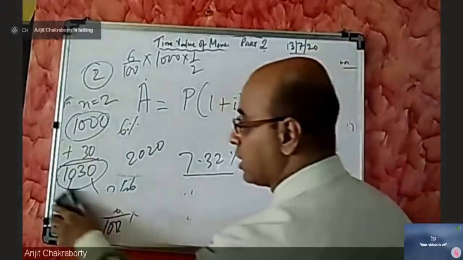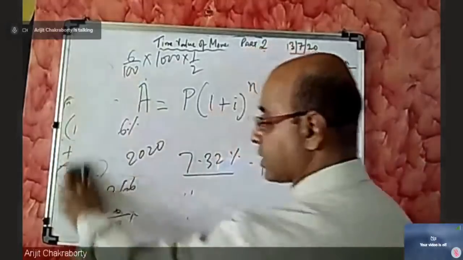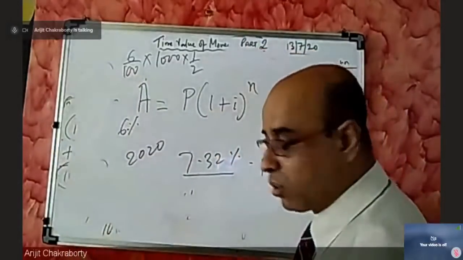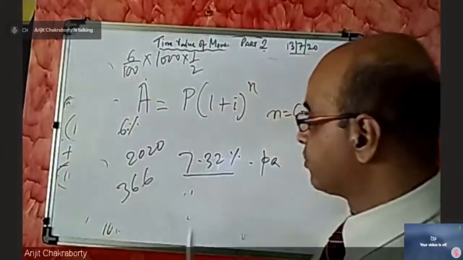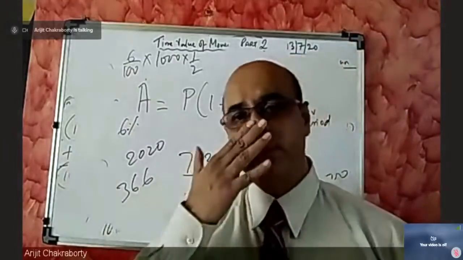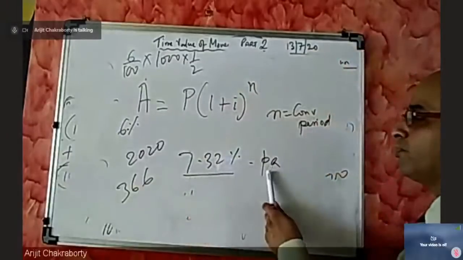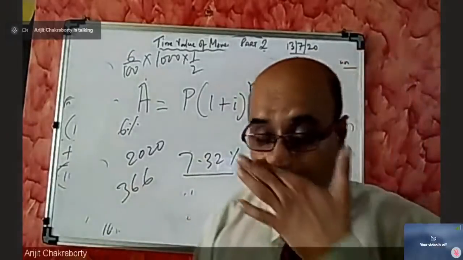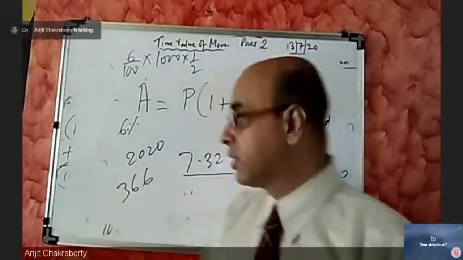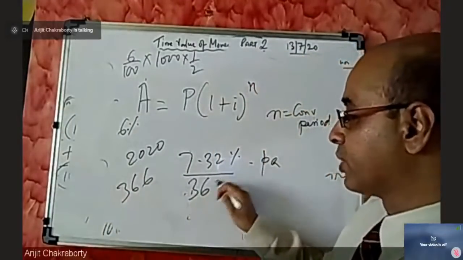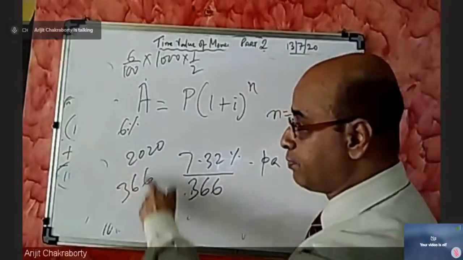And Divesh's question is again a very interesting question: what happens if we know that the year is a leap year, it has 366 days, and annual interest is given, say 7.32 per annum. In this case, if it is daily compounding, then I have to divide 7.32 by 366 because it's a leap year.